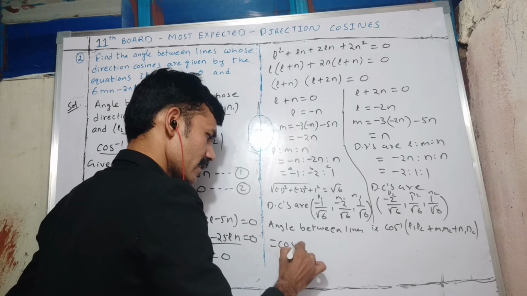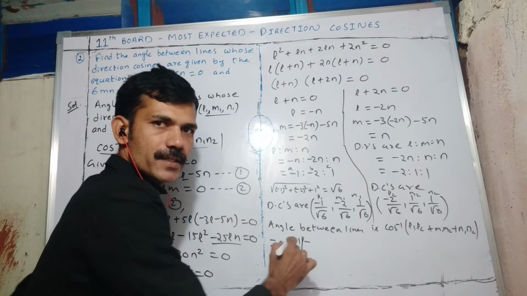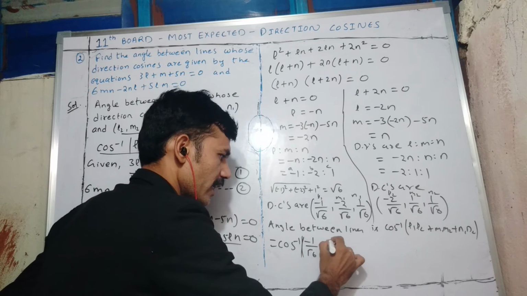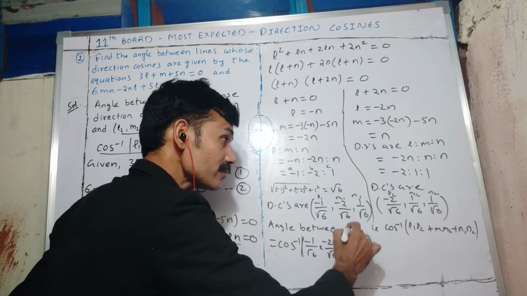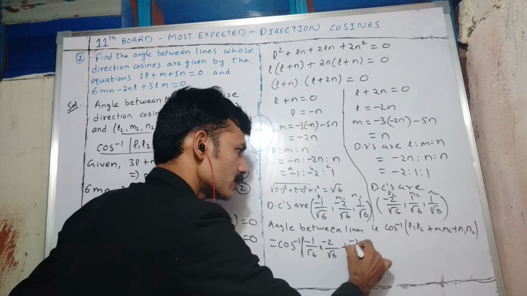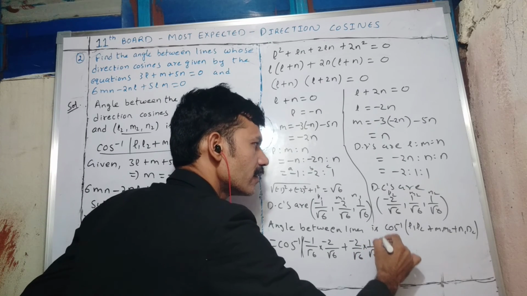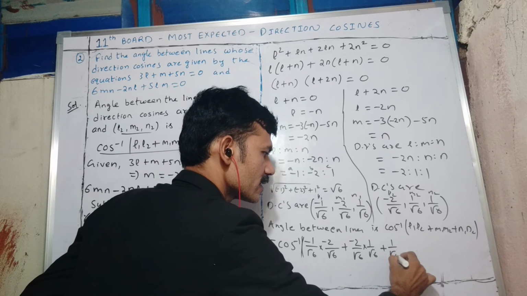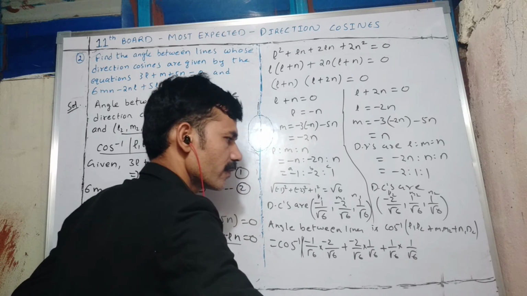That is cos inverse of minus 1 upon root 6 times minus 2 upon root 6, plus minus 2 upon root 6 times 1 upon root 6, plus 1 upon root 6 times 1 upon root 6.